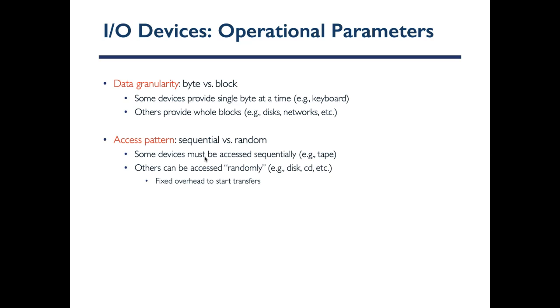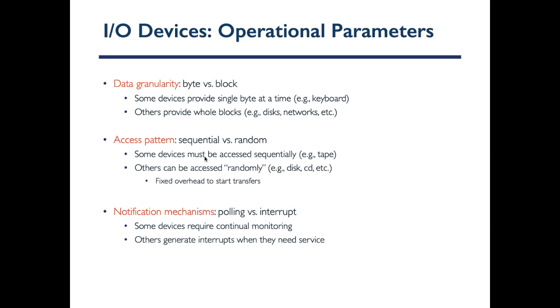Do our devices support sequential accesses only, or can I have random accesses to different parts of the memory of the device? The other thing is the notification mechanism that the device uses. Should the CPU poll on the device, or does the device support interrupts?